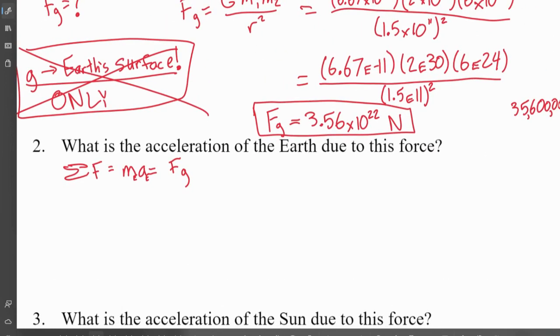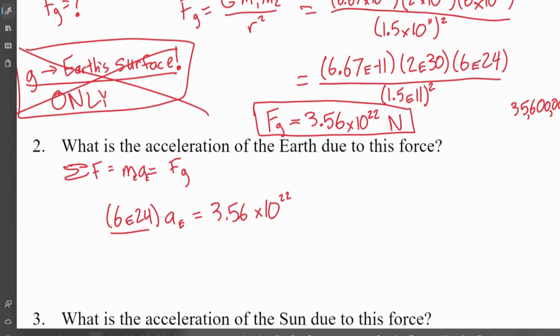So mass of the Earth is 6 E 24. The Earth and the Sun honestly have pretty nice masses to do calculations with. So mass of the Earth, 6 times 10 to the 24th kilograms. I'm looking for the acceleration of the Earth due to this force between them. So 3.56 times 10 to the 22nd newtons.